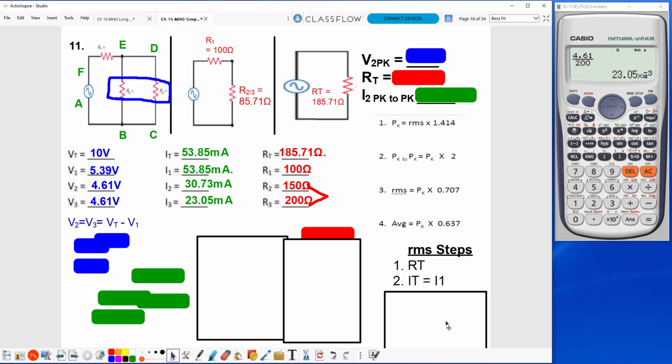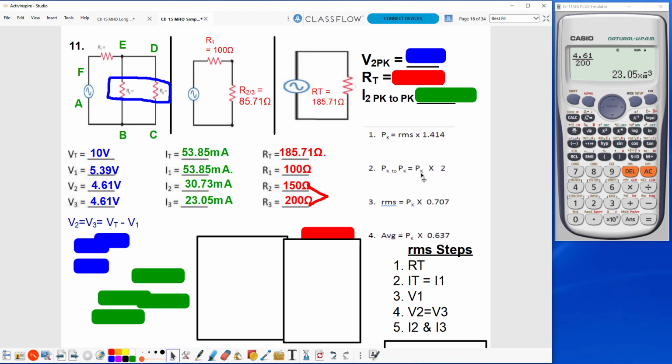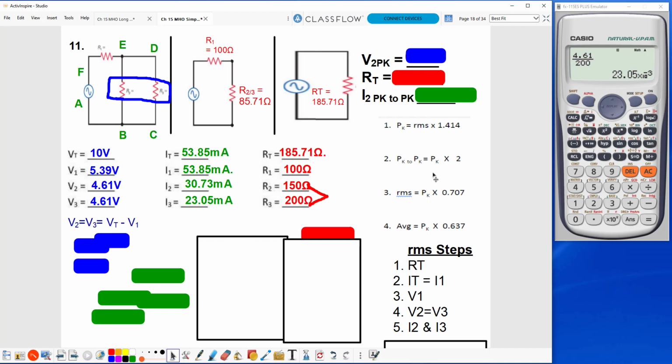All right, so now that I've taken all of my steps here, found RT, IT and I1, V1, V2, V3, I2, and I3, I will use my Chapter 15 formula sheet to find my AC values. The first thing I'm looking for is V2 peak.